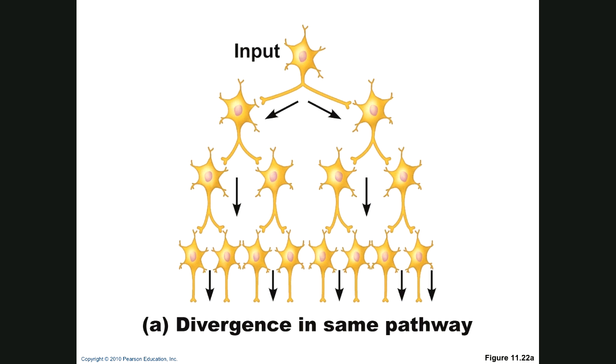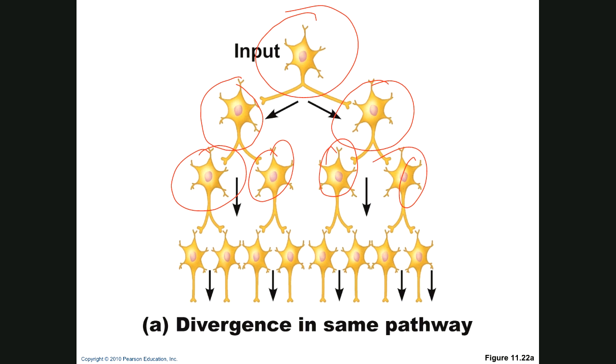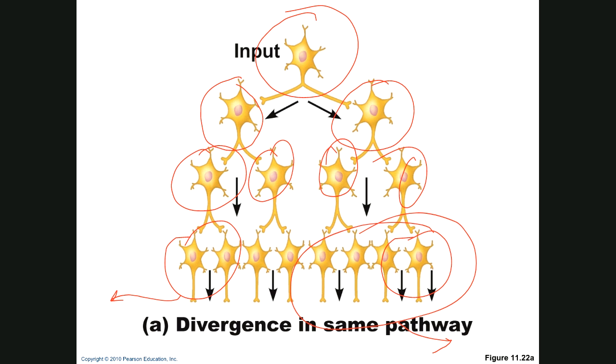So if this was visual information coming in through one nerve, eventually as it goes into the brain, it will be given to progressively more and more neurons going to different parts of the brain. So perhaps most of this information, this is visual, is going to go to the visual part of the brain, the occipital cortex, but some of it may go to the cerebellum, which has to do with equilibrium, and it needs visual information. Some of it may go to the part of the brain that deals with visual reflexes, and they also need this information. So this will be a divergent pathway.